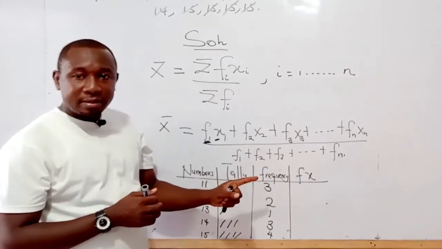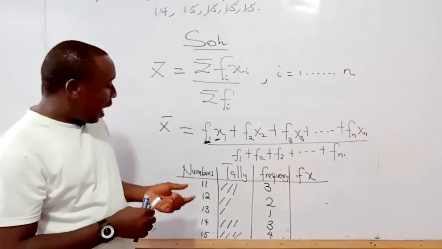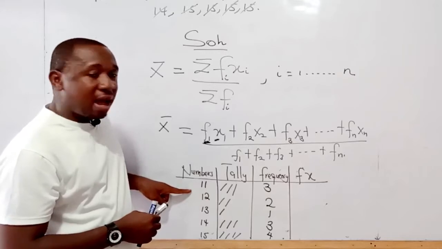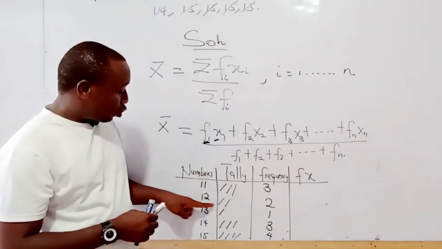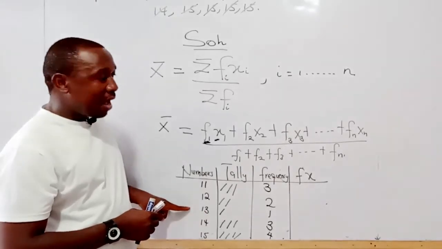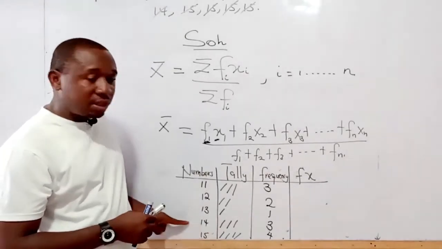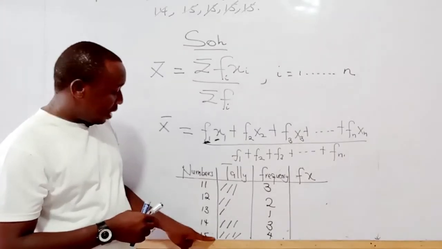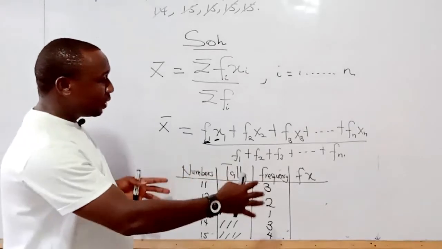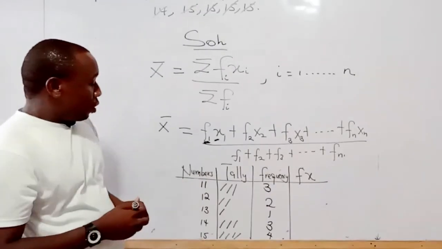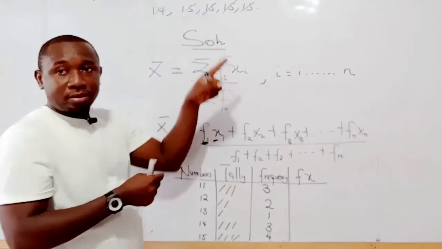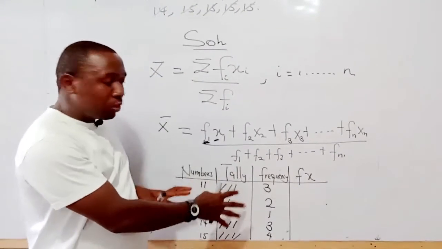In this case, we are using 11 as the x1, 12 as the x2, 13 as the x3, 14 as the x4, and then 15 as the x5. We are not counting all the observations, but we are using the table.